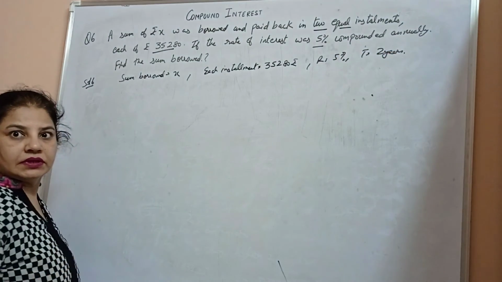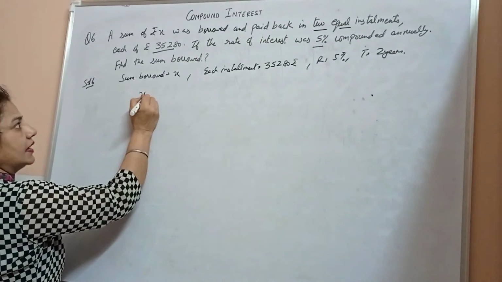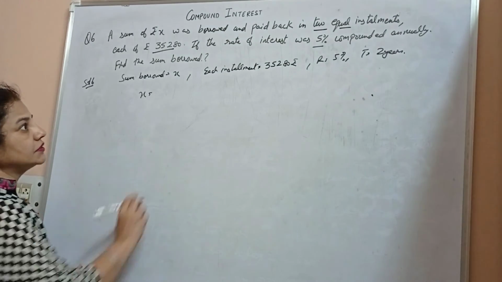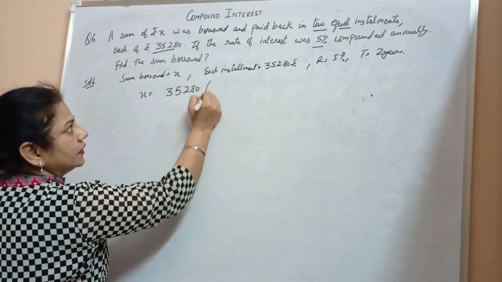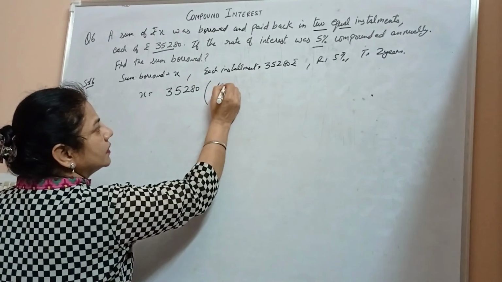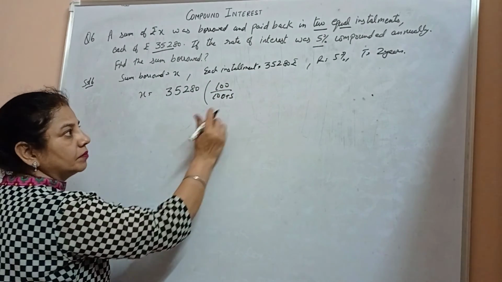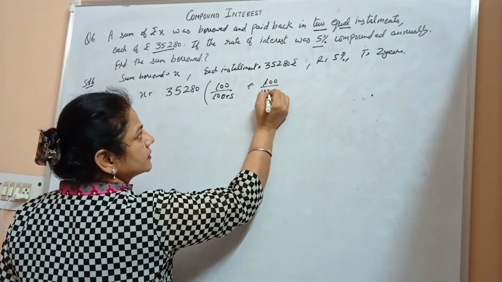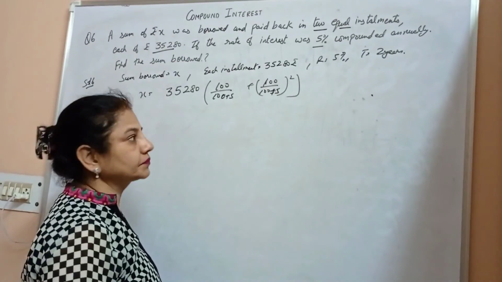Now substitute these values in the formula. You will get X, the money borrowed, equals each installment 35,280 times 100 upon 100 plus 5 for the first installment, plus 100 upon 100 plus 5 whole square for the second installment.